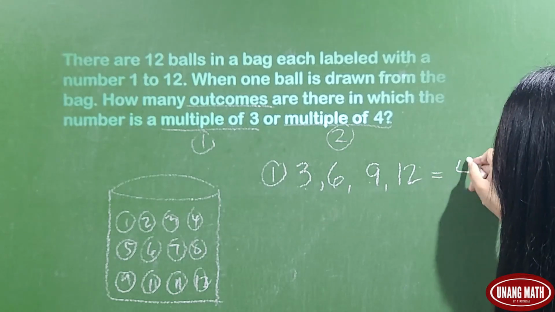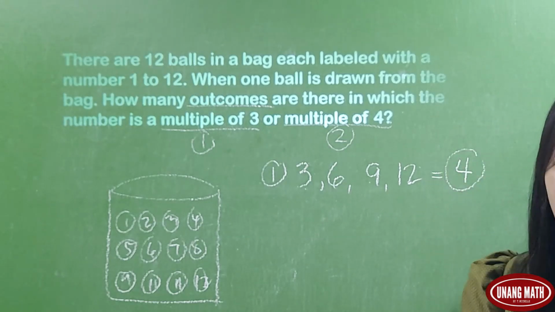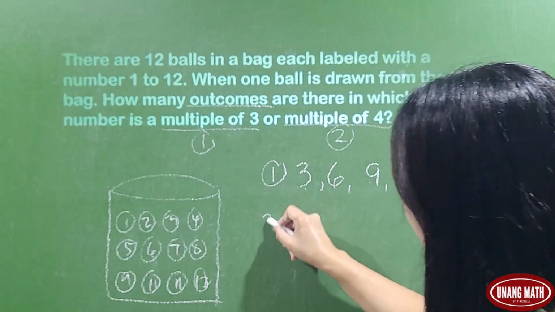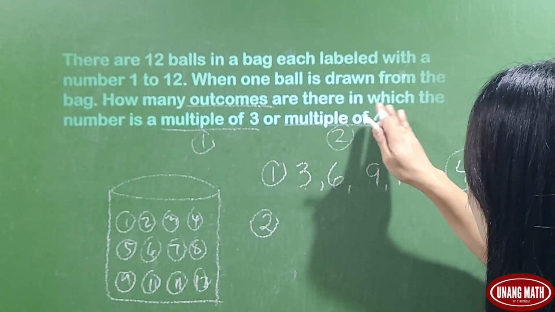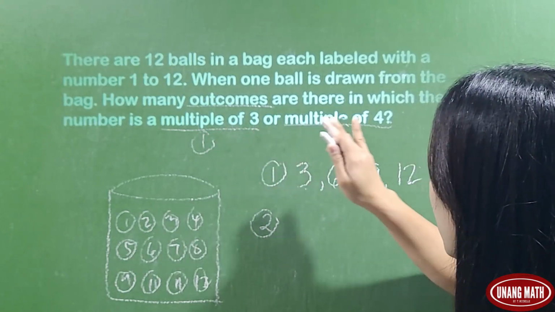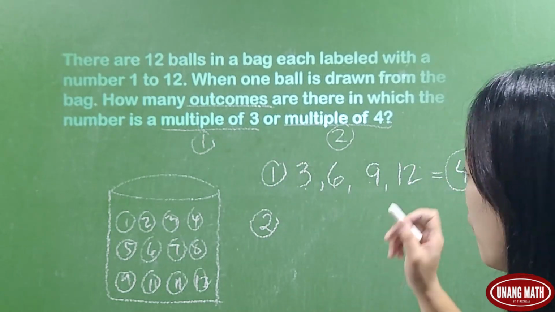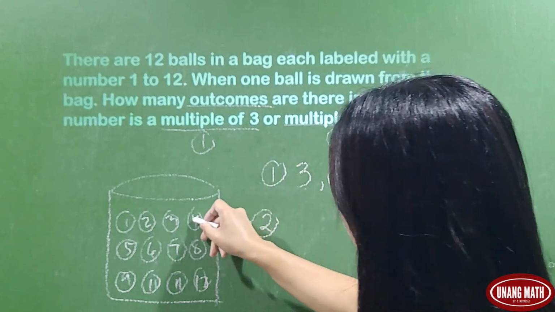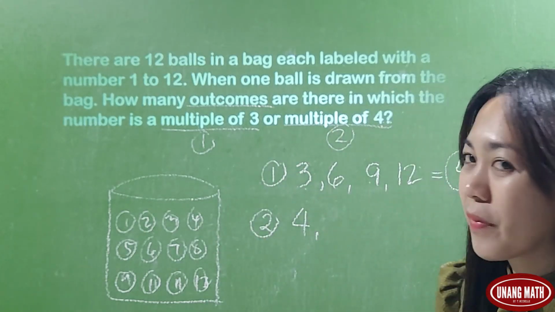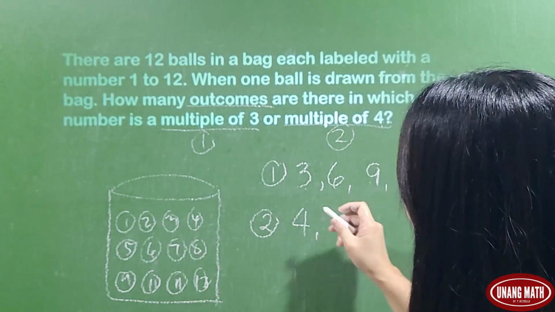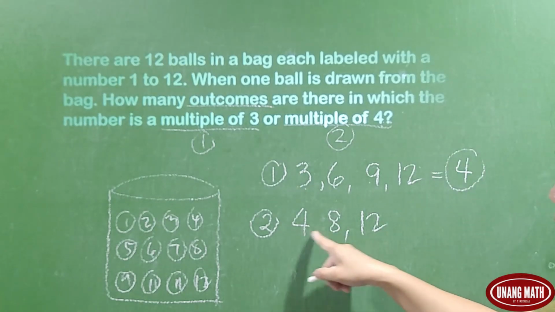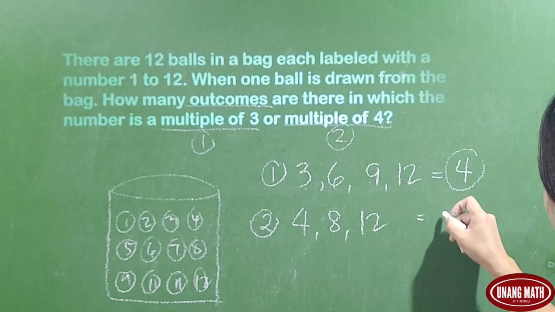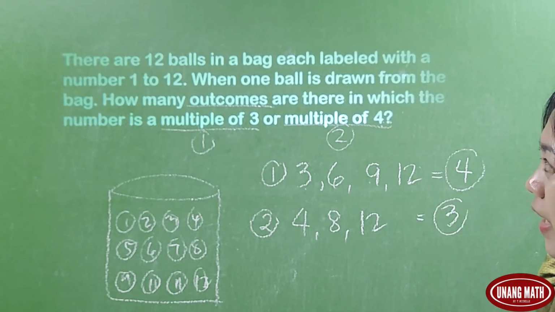So we have here 4 outcomes. What about in our second event? How many outcomes are there in which the number is a multiple of 4? It starts with 4. Okay, next would be 8 and 12. So in the second event, total is 3.